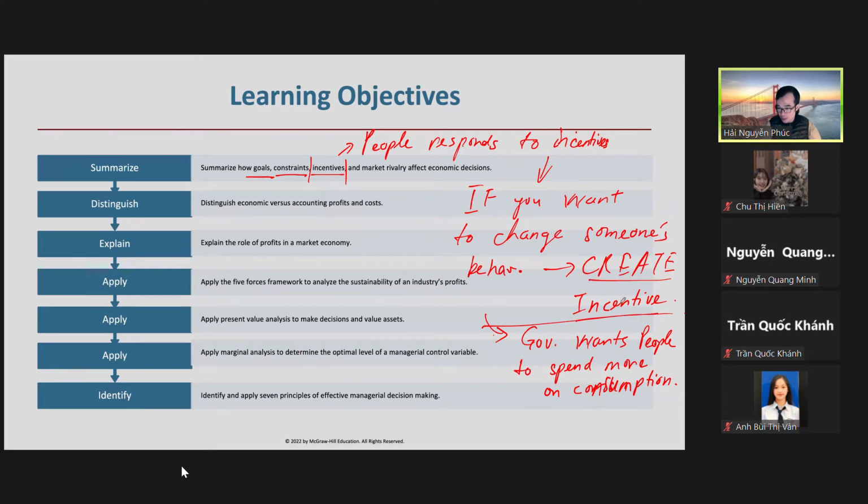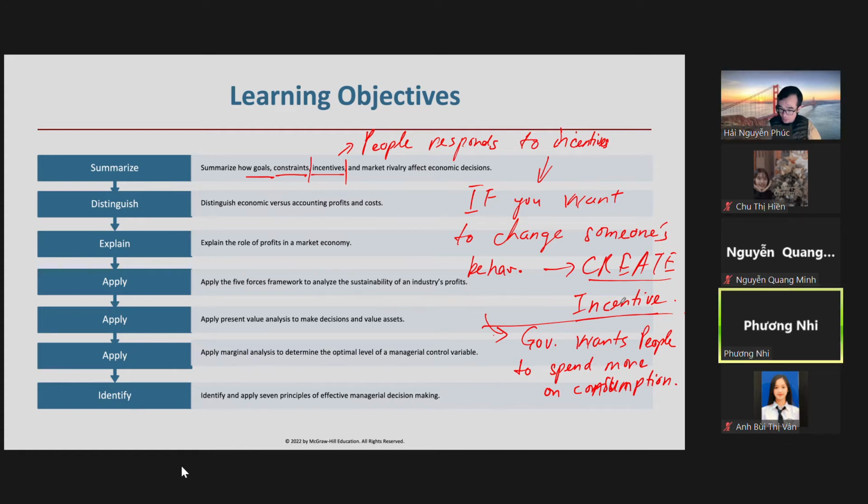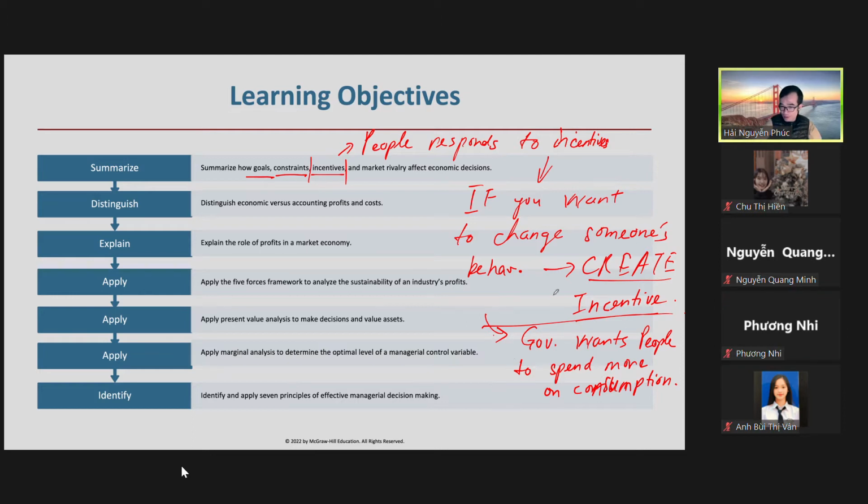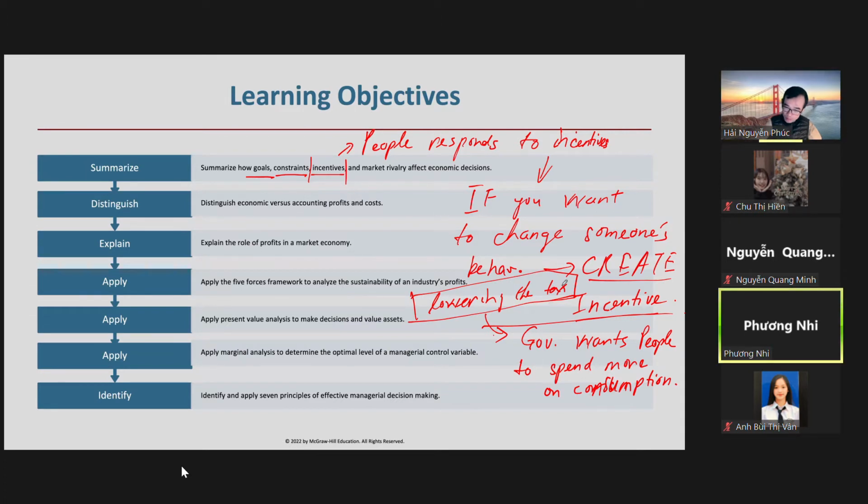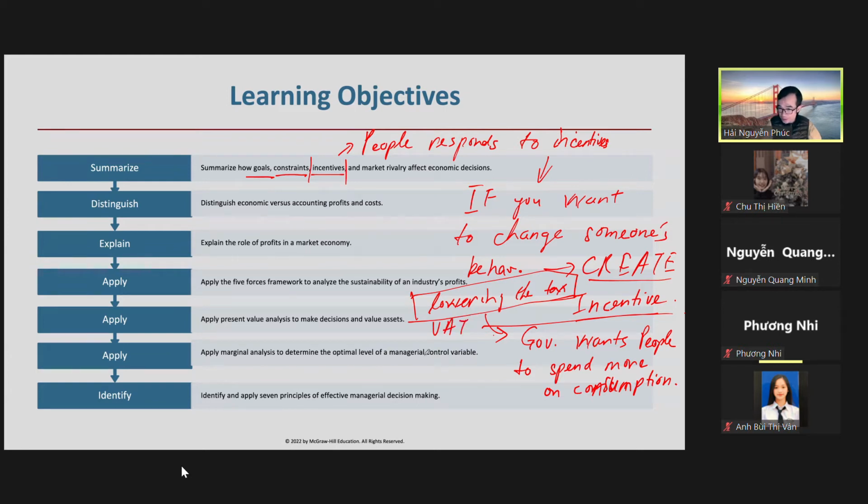What kind of incentive can they create? What do you think, if they want the Vietnamese people to spend more money on consumption? Lower tax. Yeah, that's correct. They can create the incentive of lowering the tax. What kind of tax can they decrease? Which type of tax? VAT. Yes, that's correct. For example, they can reduce the VAT rate, right?